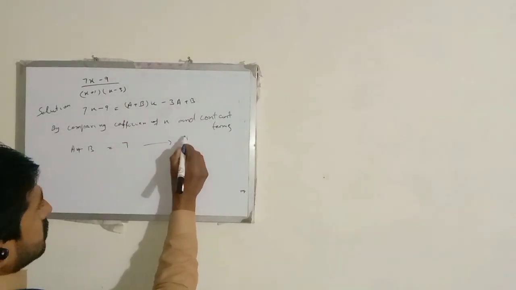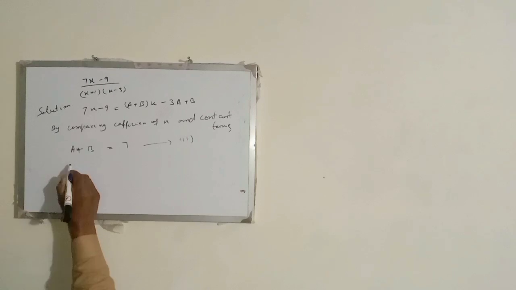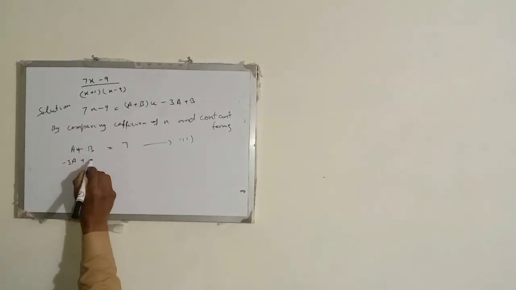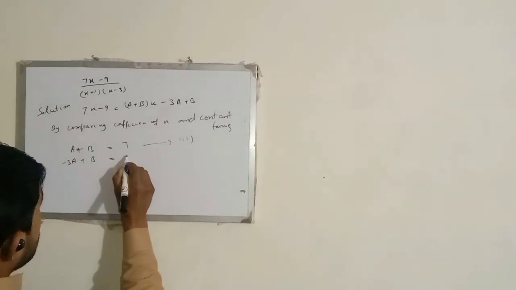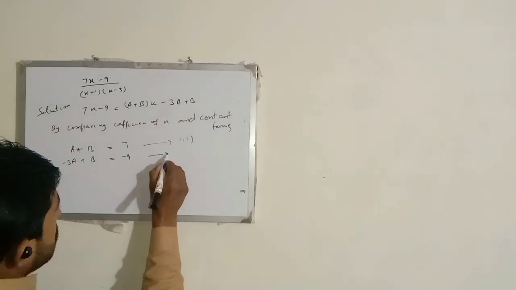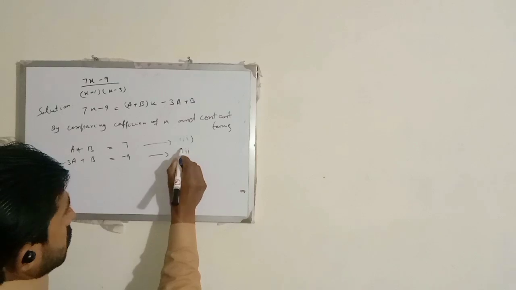Let this be equation 2. And -3a + b is equal to -9. This is equation 3.